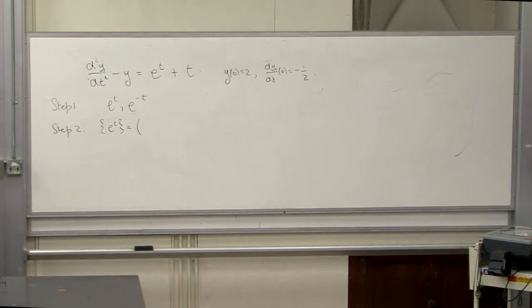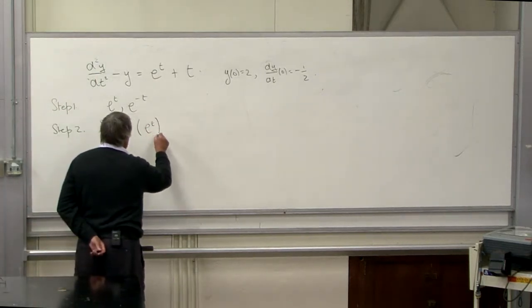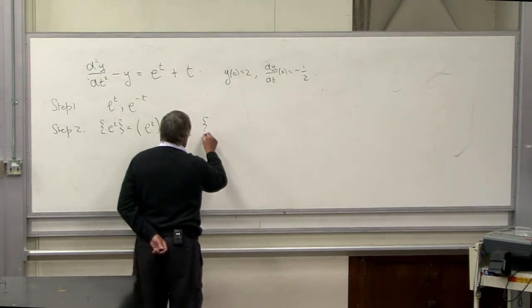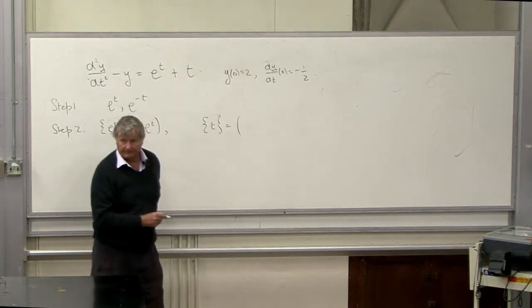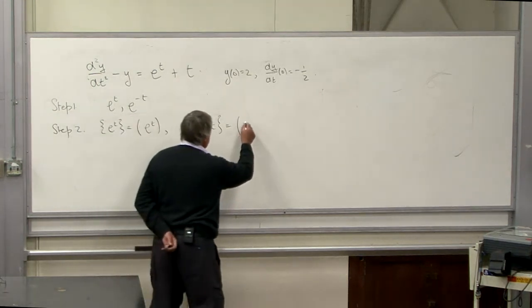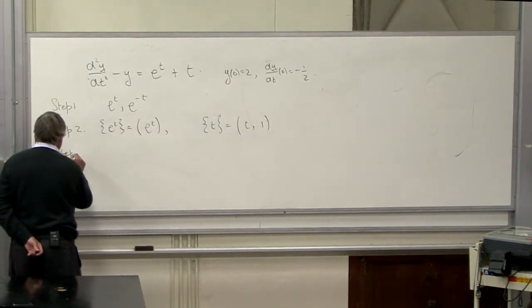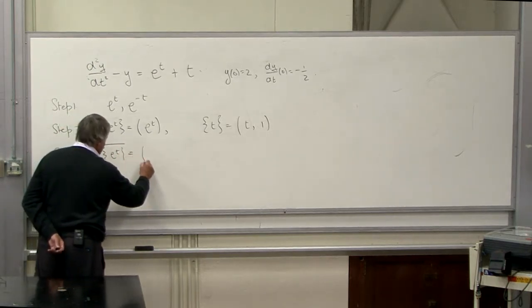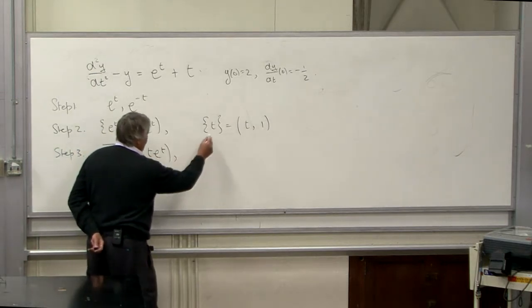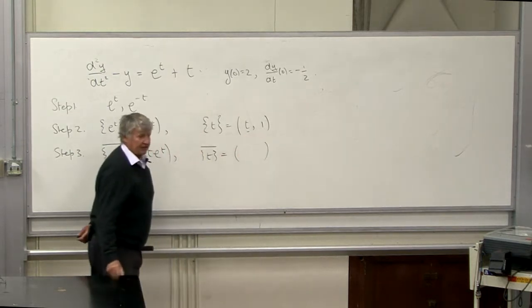So what's the auxiliary set for e to the t? E to the t. You get nothing more than e to the t. What's the auxiliary set for t? T and 1. Now, step 3. Do I have to modify this e to the t? Yes. Do I have to modify this? Are either of those solutions of the homogeneous equation?